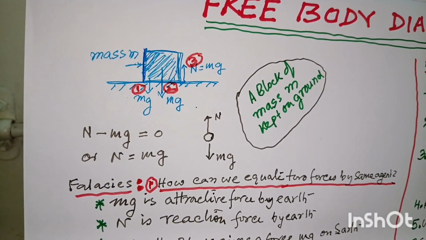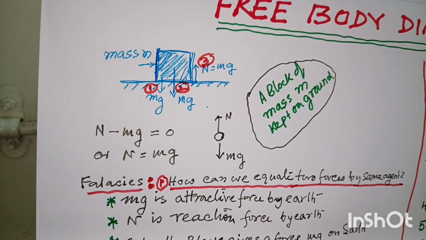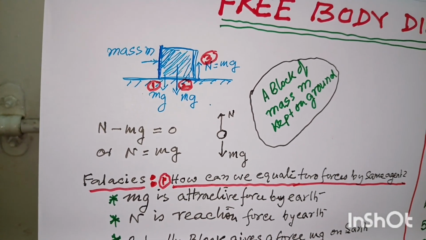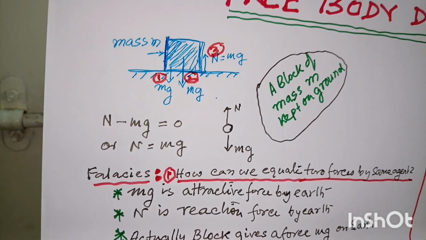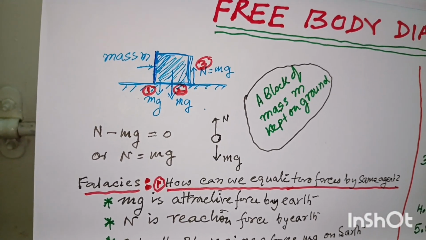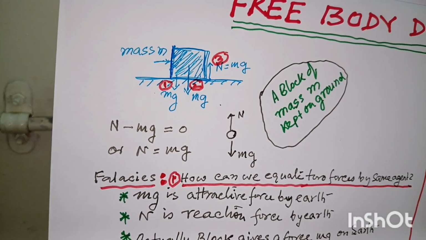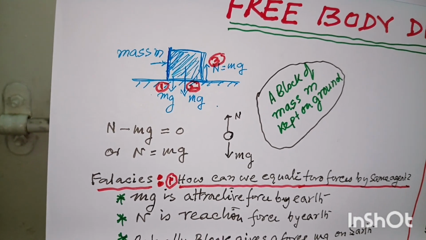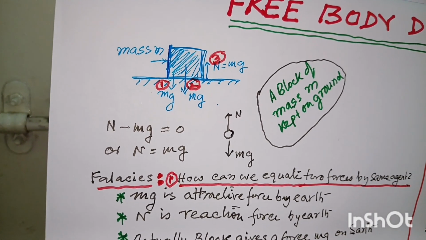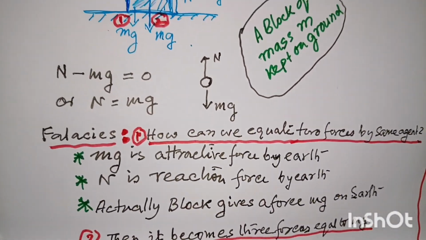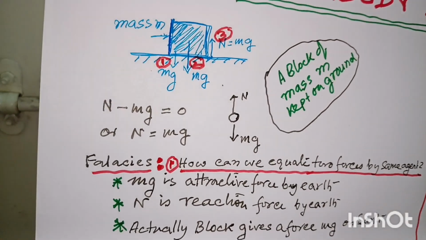So, as a result, the block wants to go down, but it is getting an obstruction in the earth. So, it gives a force mg on the earth. So, whatever reaction earth is giving, that is the reaction of that mg given by the block on the earth. So we have solved the first fallacy.